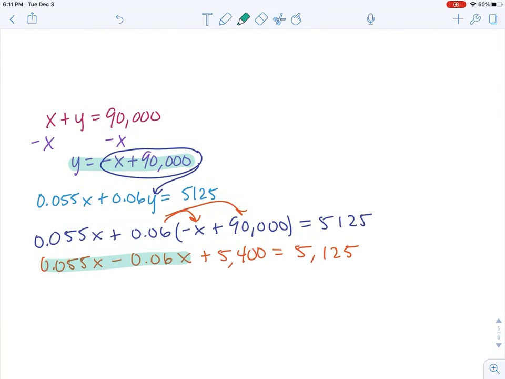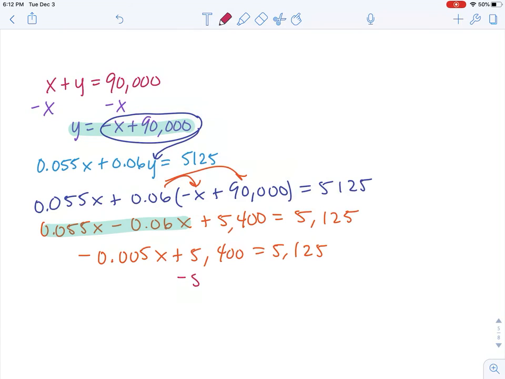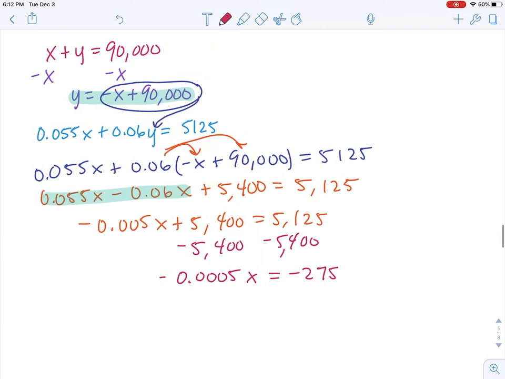So then we have like terms we can combine right here. 0.055 minus 0.06 is a negative 0.005x plus 5,400 equals 5,125. Continue to solve, subtract the 5,400. We have a negative 0.005x equal to negative 275.